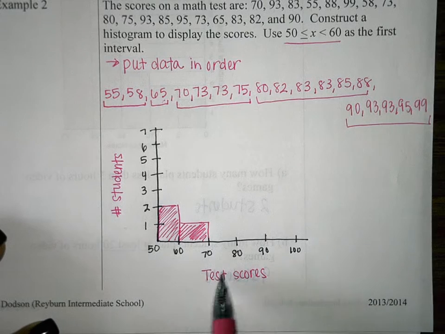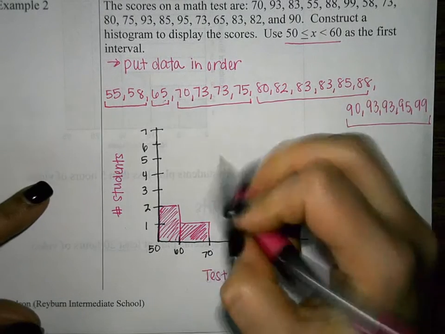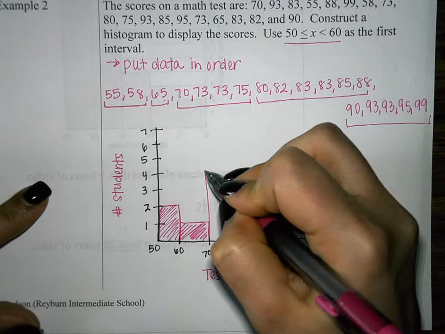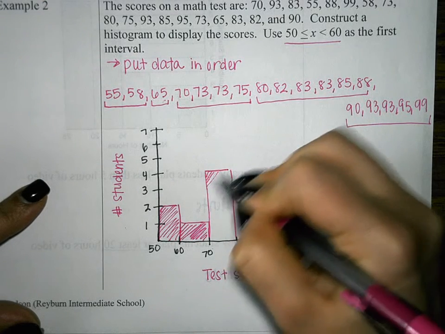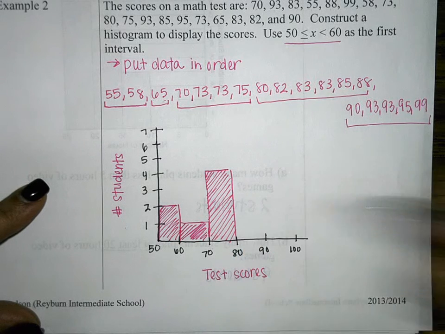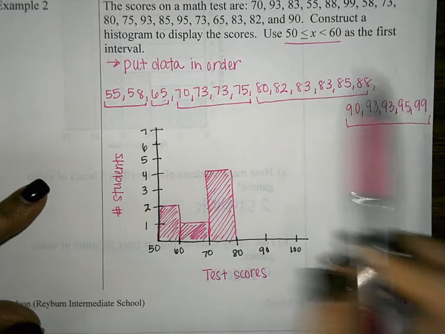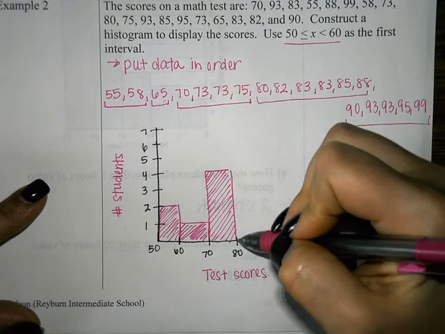From 70 to 80, I have 1, 2, 3, 4, so that's going to go up to 4. From 80 to 90, we have 1, 2, 3, 4, 5, 6. So that's going to go up to 6.